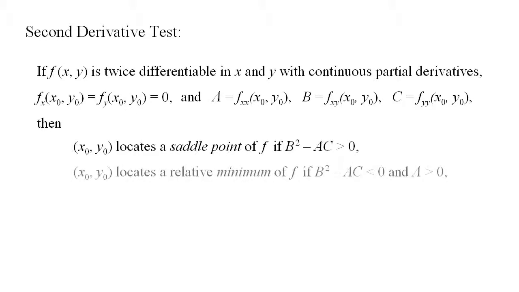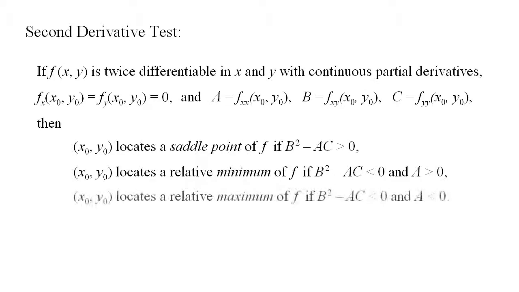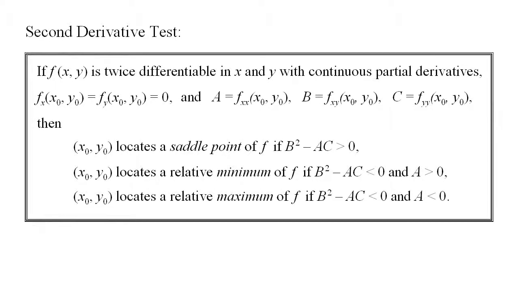It locates a relative minimum of f if b squared minus ac is negative and a is positive. And it locates a relative maximum of f if b squared minus ac is negative and a is negative. If b squared minus ac were to equal 0, we would not be able to conclude anything from the second derivative test.